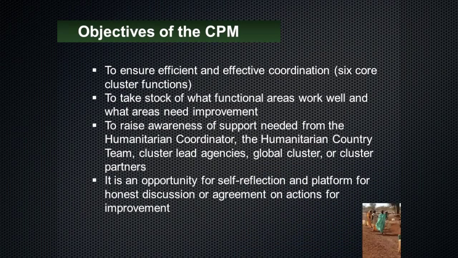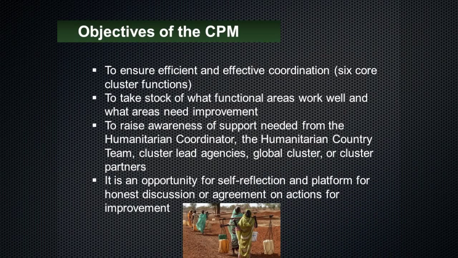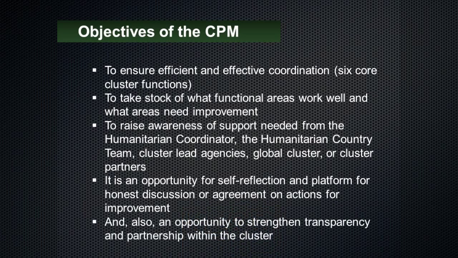It is an opportunity for self-reflection and a platform for honest discussion or agreement on actions for improvement. It is also an opportunity to strengthen transparency and partnership within the cluster, to support accountability to affected people.